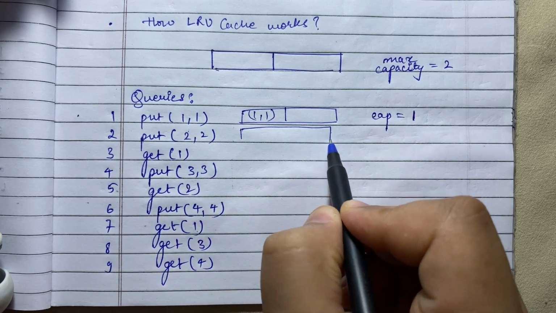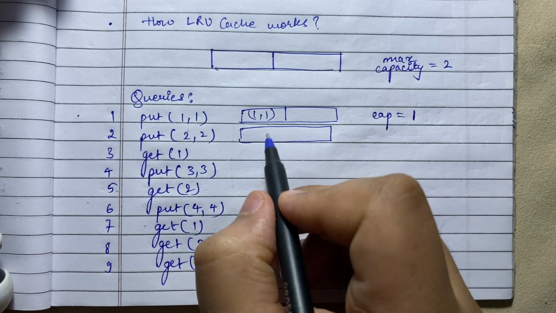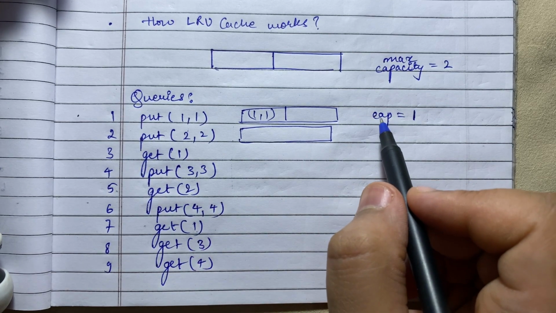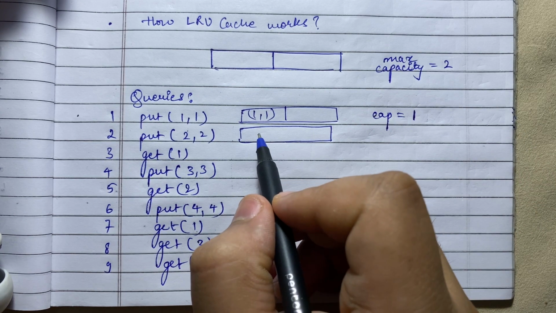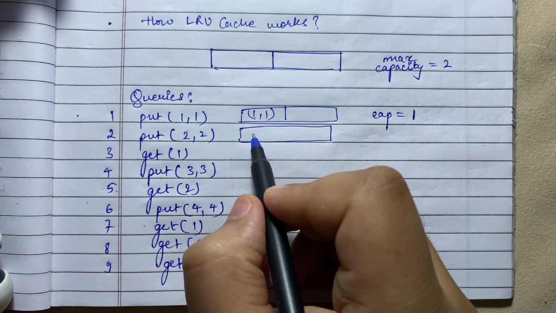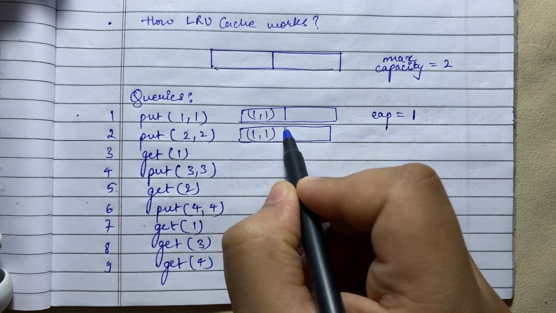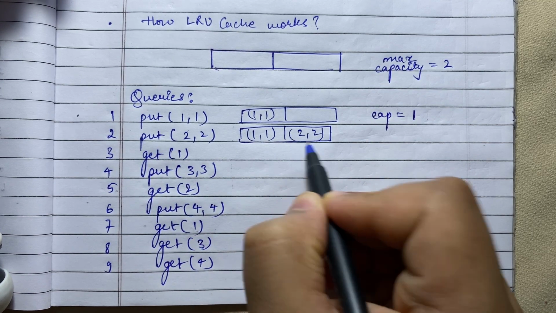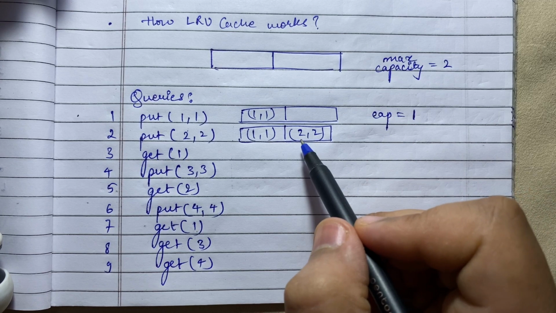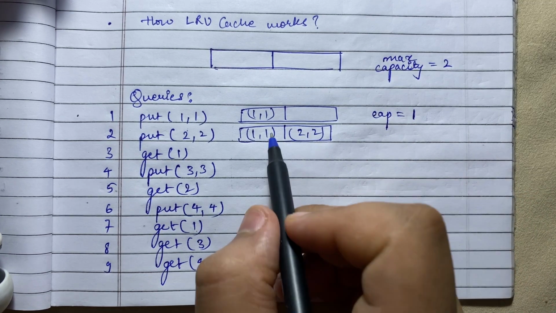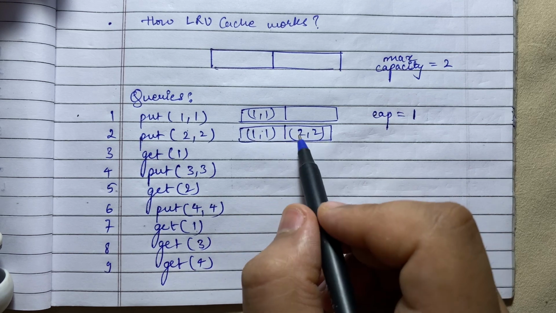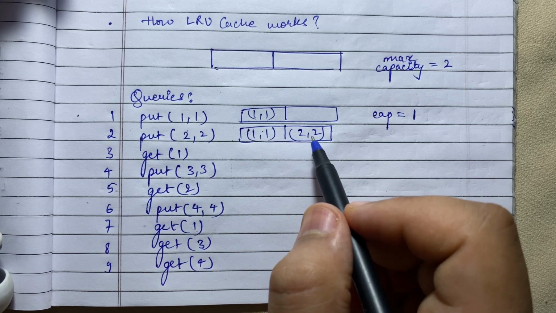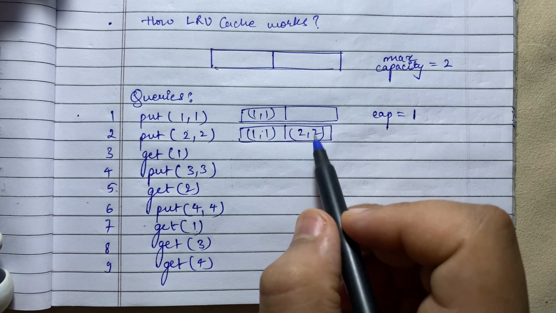So now we'll add this. Since the capacity is not at the maximum, we have space. So we have 1,1 and 2,2. Now, one more thing we have to make sure of is that 1,1 is the least recently used data, whereas 2,2 is the most recently used data.